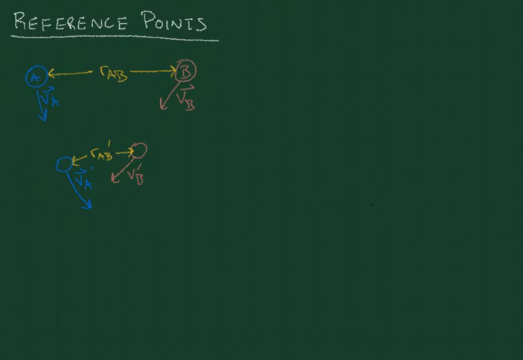Okay, and so if we want to set this up as an equation, our initial energy is 1/2 m VA squared plus 1/2 m VB squared plus the potential energy between them.